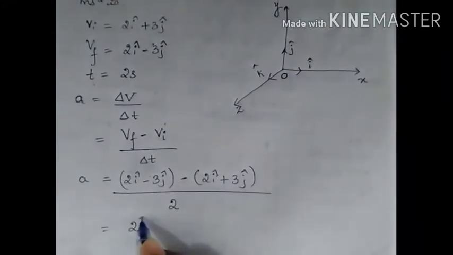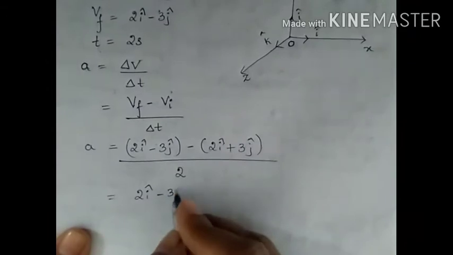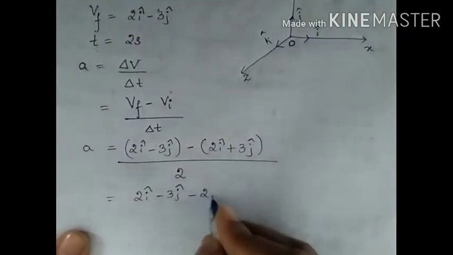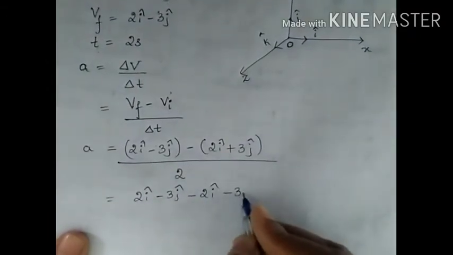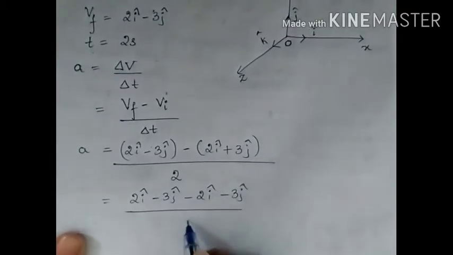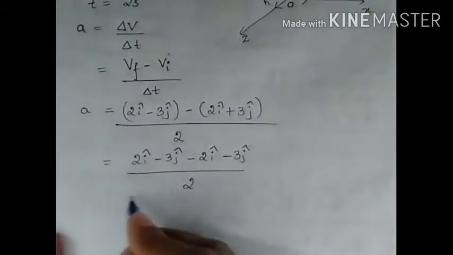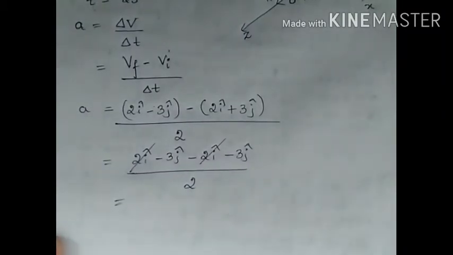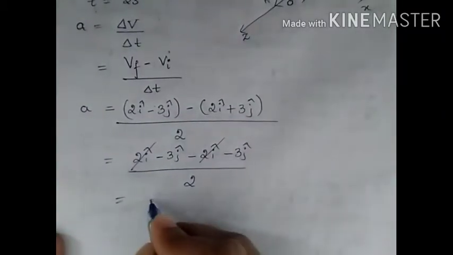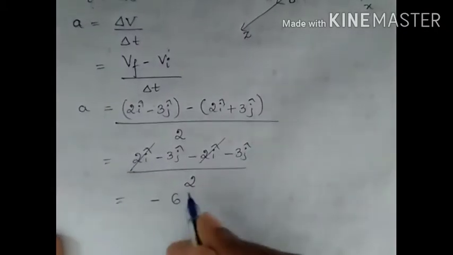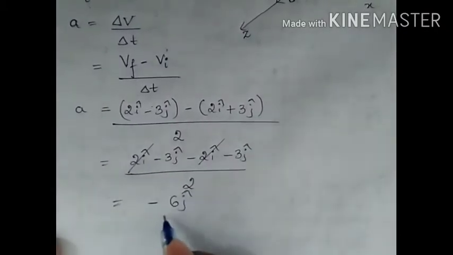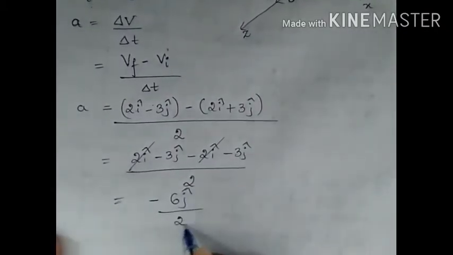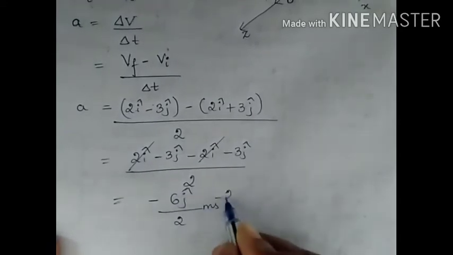So 2i cap minus 3j cap minus 2i cap minus 3j cap, which is divided by 2. So here 2i cap minus 2i cap gets cancelled. What remains is minus 6j cap by 2 meters per second square.